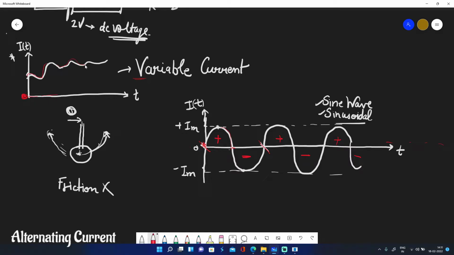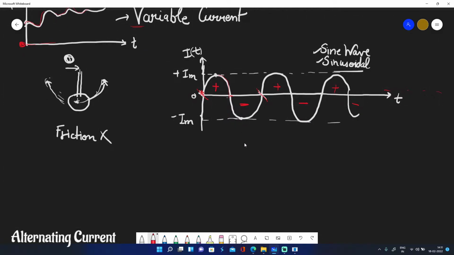Although the magnitude is changing, it is not changing its direction. Since two conditions are satisfied in this graph, you can see the current direction, which we also call polarity, is changing here. This is the first condition.